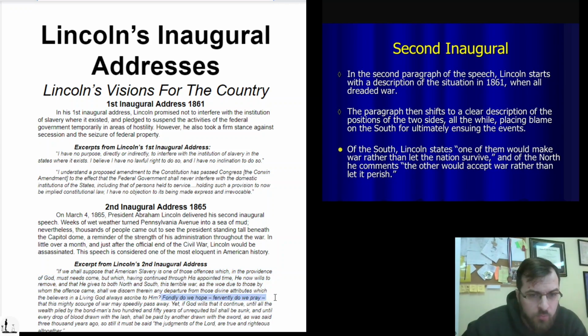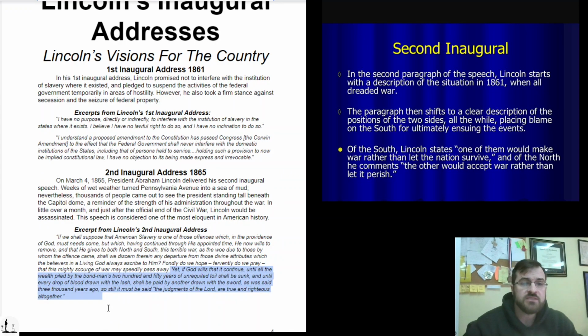Fondly do we hope, fervently do we pray, that this mighty scourge of war may speedily pass away. Yet if God wills that it continue, until all the wealth piled by the bondman's 250 years of unrequited toil shall be sunk, and until every drop of blood drawn with the lash shall be paid by another drawn with the sword, as was said 3,000 years ago, so still it must be said, the judgments of the Lord are true and righteous altogether.